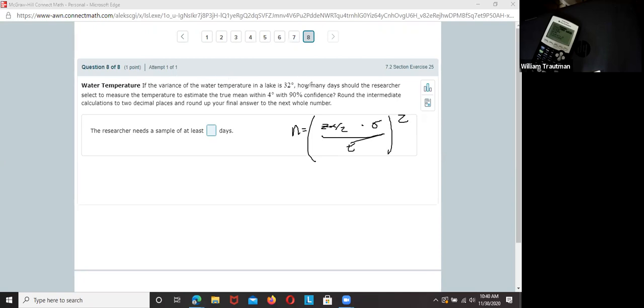Yeah. So how many days should a researcher select when there's an error within 4 degrees? That's the error. So the error is 4 degrees. I need to change it to 4.